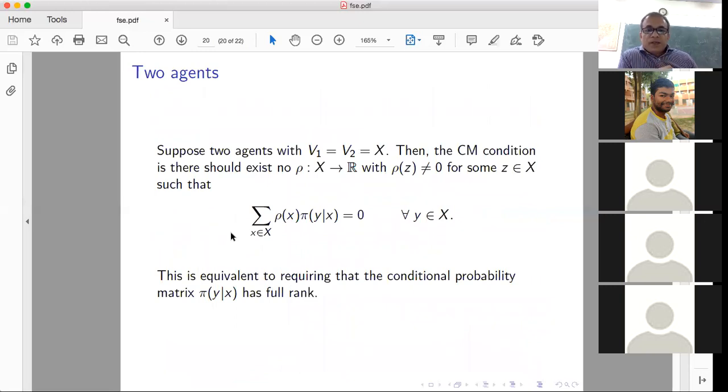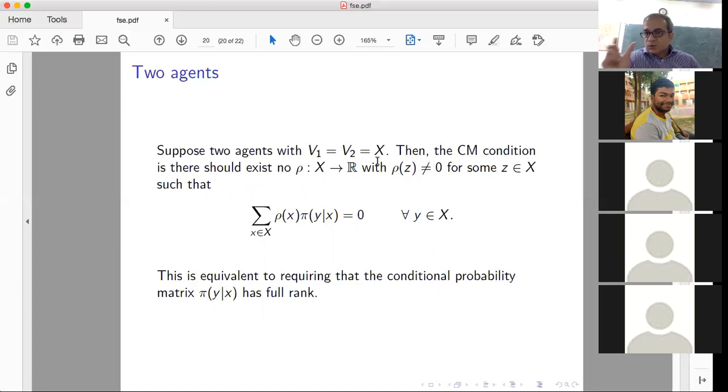It's probably intuitive to look at this in a two-agent setup, because things look a little easier and more transparent here. So suppose there are two agents, 1 and 2, and their type spaces are V1 equal to V2 equal to X. In fact, for simplicity, you can assume that capital X is just 0 and 1.